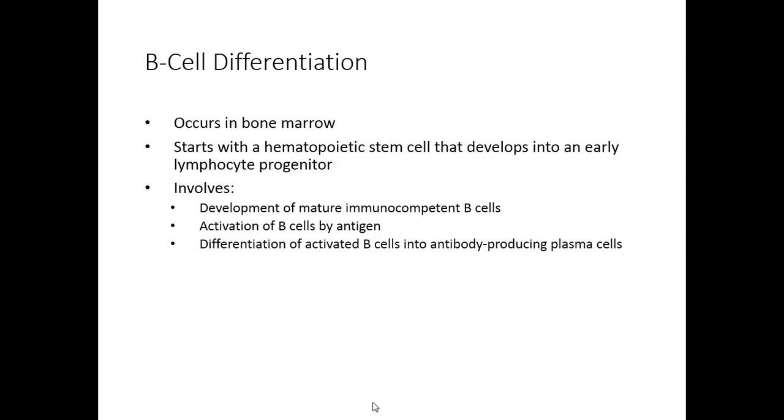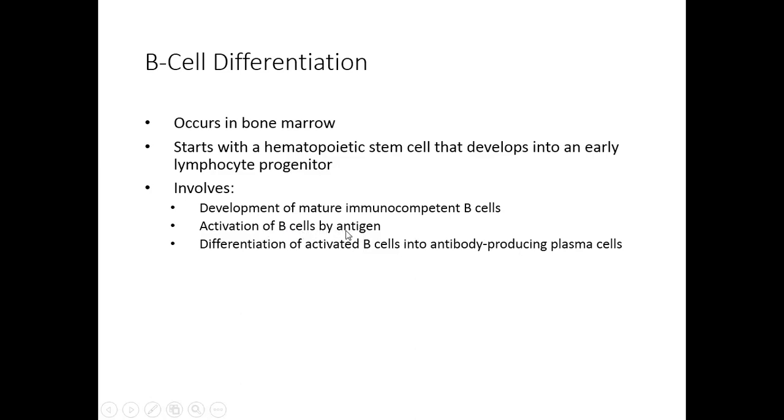The hallmark of the B cell differentiation cycle is to develop not just B cells, but immunocompetent B cells. There are going to be a number of stopgap measures along the way that are little tests of all of the B cells being produced, to make sure they're going to be able to have an ultimate goal of producing antibody in the form of a plasma cell. We're going to see that B cells are activated by the presence of that foreign antigen.